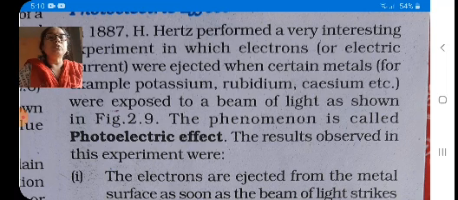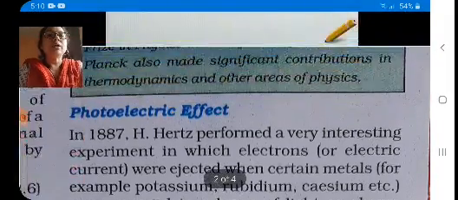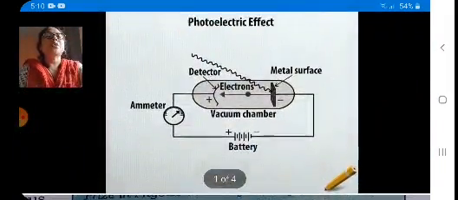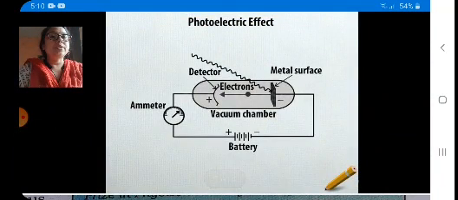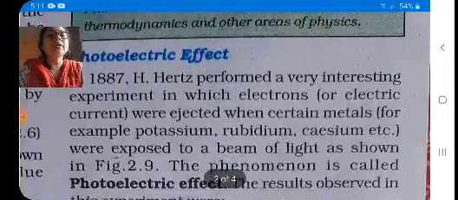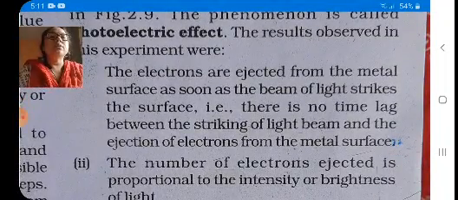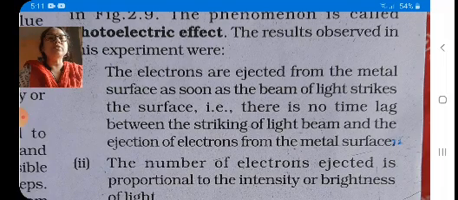Before going to more explanation, once again we have to see the diagram of photoelectric effect. Have you seen? A beam of light is falling on the metal surface. Through this experiment we observe that electrons are ejected from the metal surface as soon as the beam of light strikes the surface.